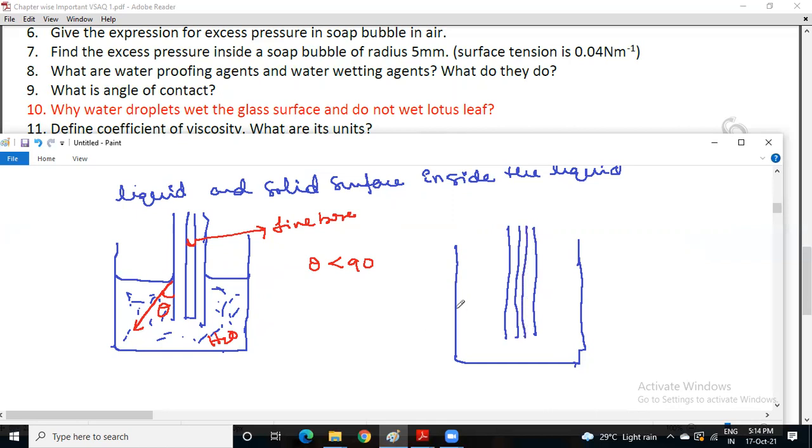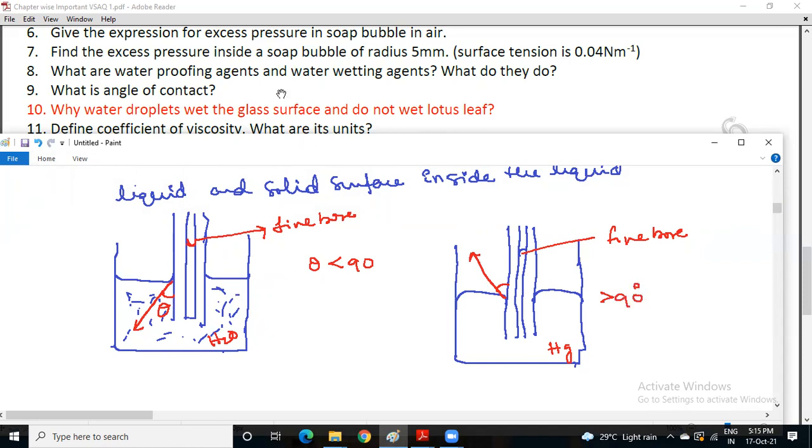If it is dipped in mercury, you will see the surface like this. It bends. So there will be convex upwards. Mercury will be convex upwards. This is fine bore once again, filled with mercury. So this will be the angle of contact. So angle of contact will be more than 90 here.